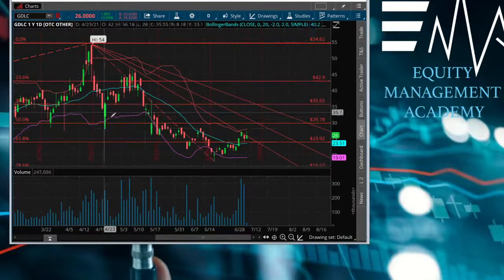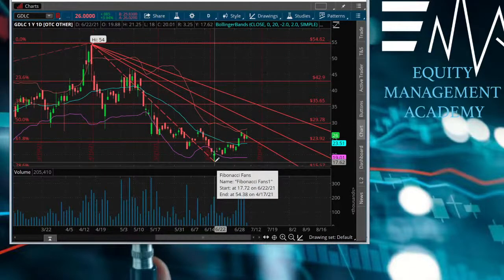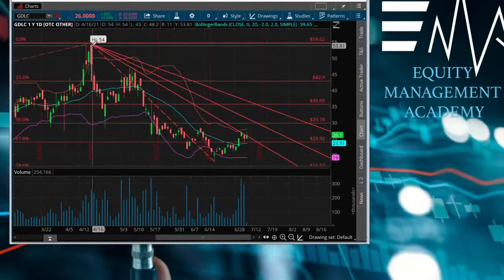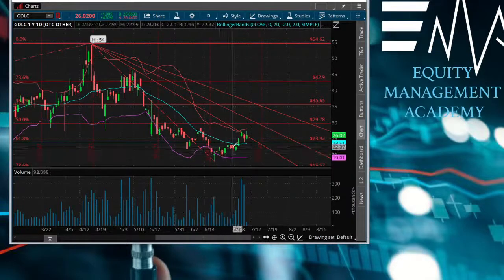And so what this shows is the volatility of the instrument, that from a high that was made at 54 on April 16, 2021, we've seen a correction, a Fibonacci correction back down to the lows that we made of 18. Tremendous volatility coming down into a 61.8% area where it reverted from.